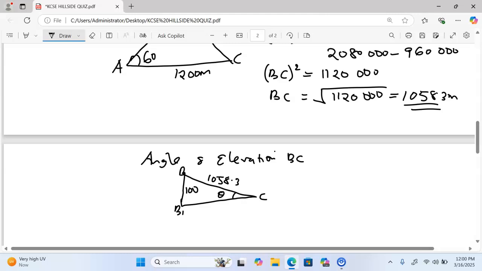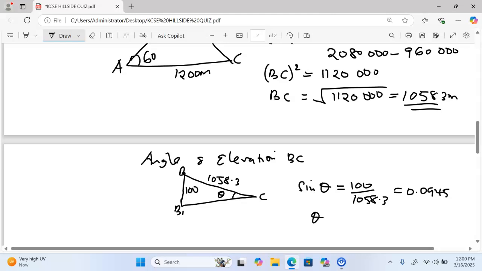Given this hypotenuse and the opposite side, we will be able to get the angle theta. Using SOHCAHTOA, sine of angle theta is given by the opposite, which is 100, divided by 1058.3, and this division gives us 0.0945.